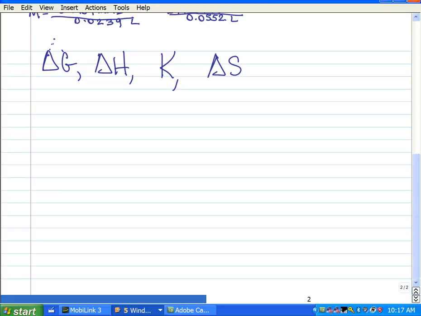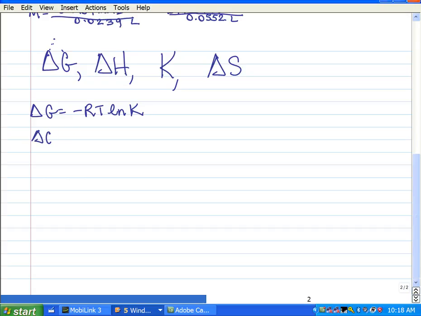Let's just remember what all these equations are. Delta G is equal to negative RT natural log of K. Delta G is also equal to delta H minus T delta S.